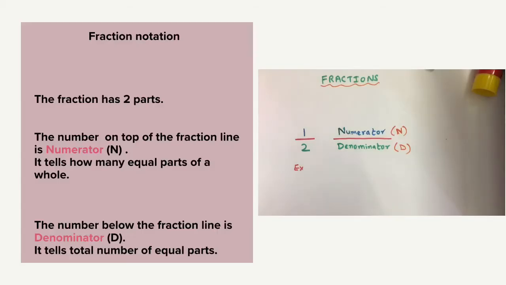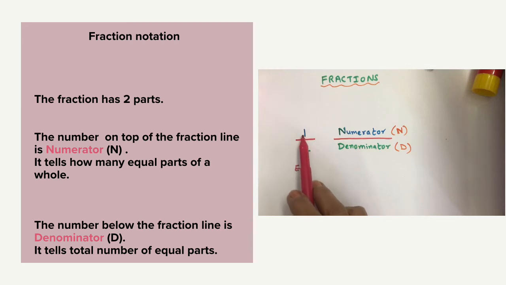Let's learn how to read a fraction. A fraction has 2 parts, one above the fraction line and one below the fraction line. The number on top of the fraction line is called the numerator, that is n. The number below the fraction line is called the denominator, that is d.